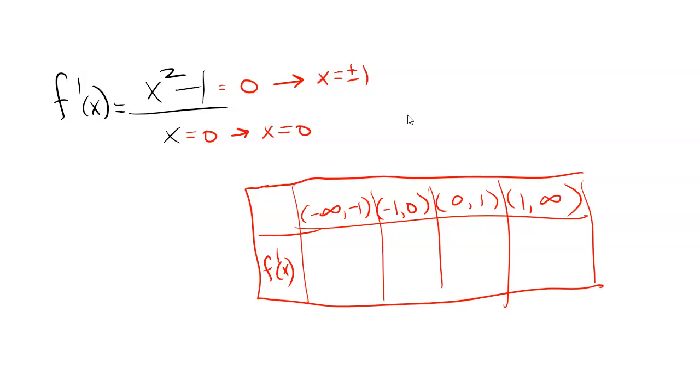So as a table, you would choose a test number from each section, and then test it in the derivative to see if the answer is positive or negative. So like this section, I would pick negative 10, which would give me 100 minus 1, 99, divided by a negative 10. So this section would be minuses. Then I'd have to choose a number between negative 1 and 0.